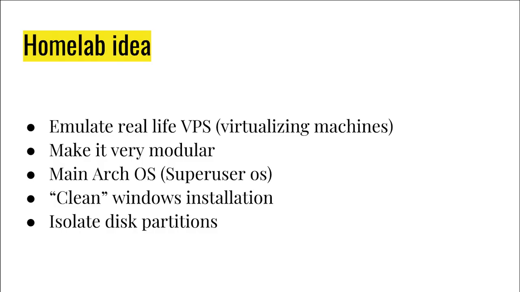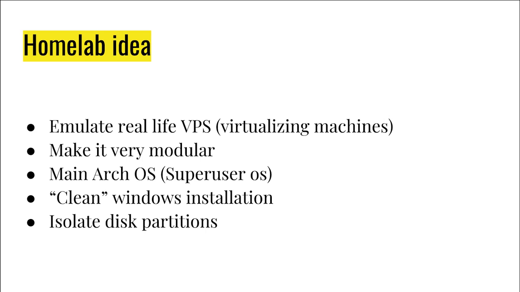Homelab idea. My idea was to emulate a real-life VPS by virtualizing machines. This means that I want to be able to run services locally in an emulated machine in order to create something like the service you would get when buying a VPS service, like having different instances of Ubuntu server or maybe a Fedora server installed and running very specific services.